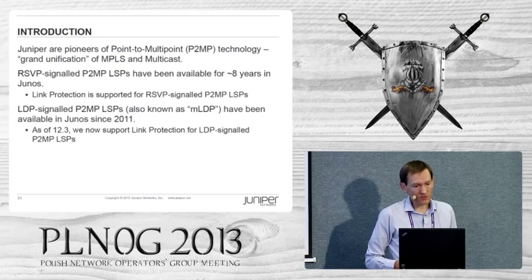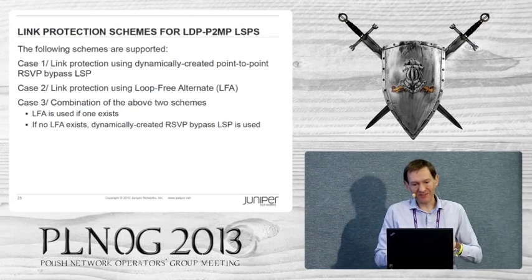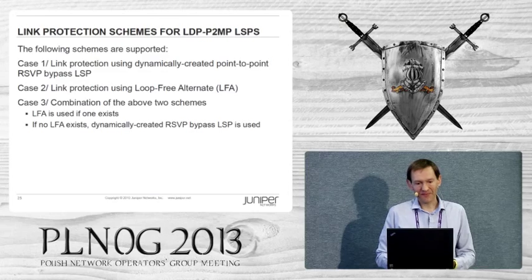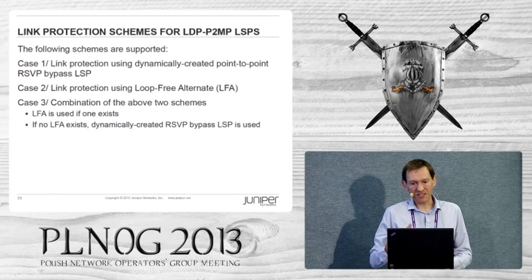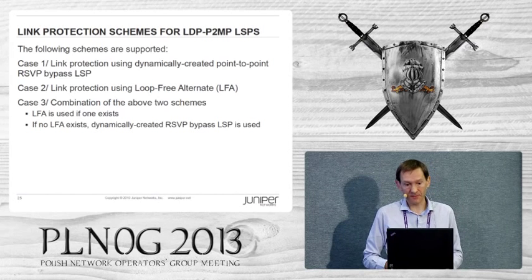And it's quite similar to the unicast case that I showed you before, in that there's different ways of using it. What I'll talk about first of all is case one, where the link protection of the LDP point-to-multipoint traffic is achieved using a dynamically created point-to-point Rsvp bypass LSP. Then I'll talk about case two, where the link protection is achieved using loop-free alternates, which is actually the unicast loop-free alternate.